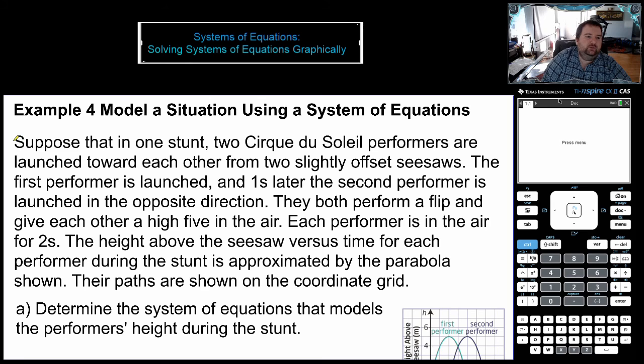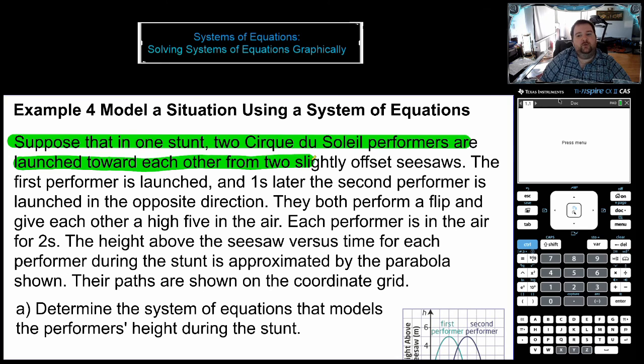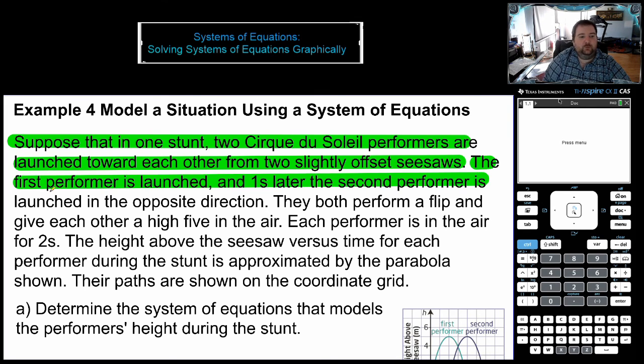So, suppose that in one stunt, two Cirque du Soleil performers are being launched toward one another from two slightly offset seesaws. The first performer is launched, and then 1 second later, the second performer is launched in the opposite direction. So they're flying towards one another.